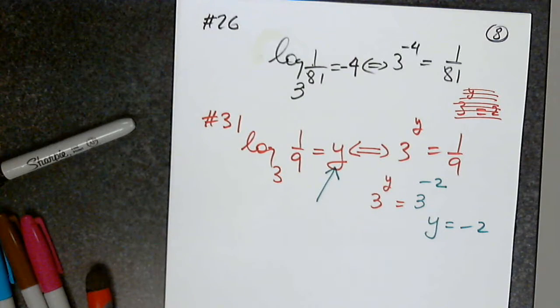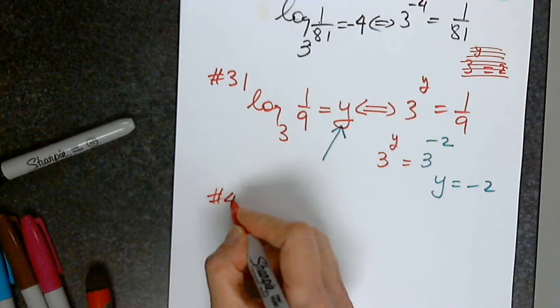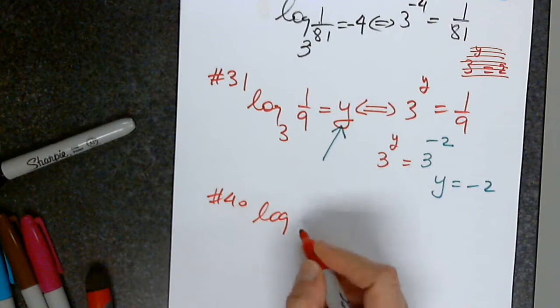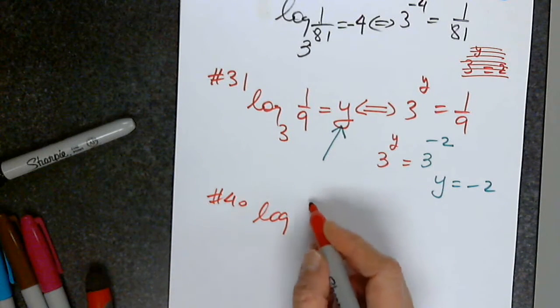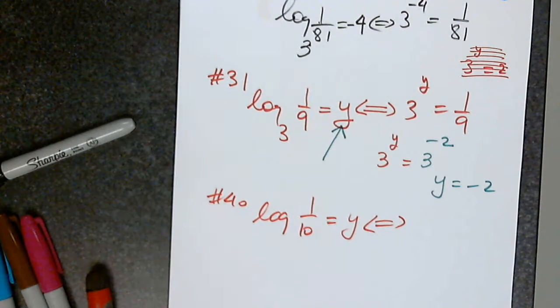Let's look at 40. The common log of 1 over 10. They're asking us to find this. I have no idea what it is.